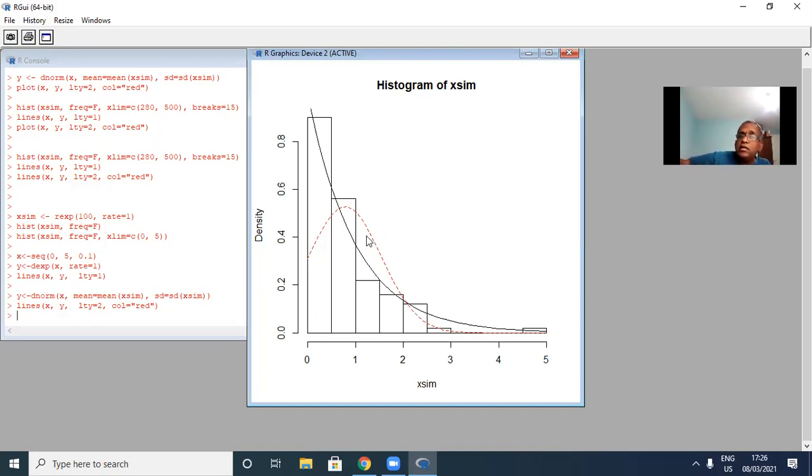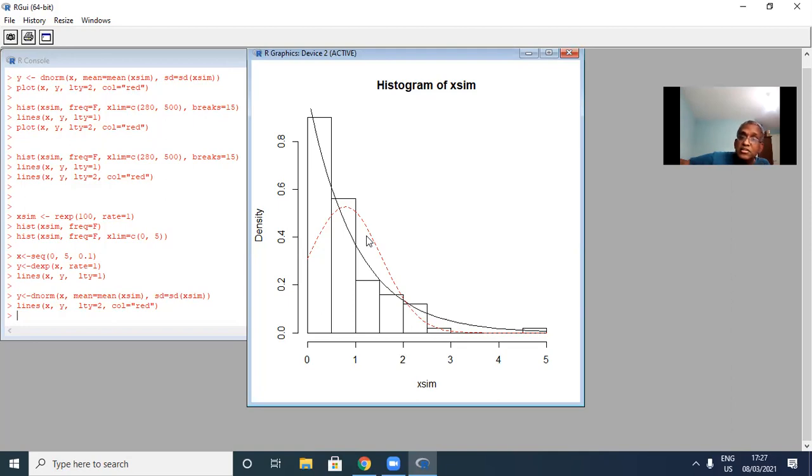You see what I have done here? In this example, the two curves, the one corresponding to the exponential and the one corresponding to the normal, are not on top of each other, because in the last example they happened to be on top for a particular data set. But in general, that is not the case.